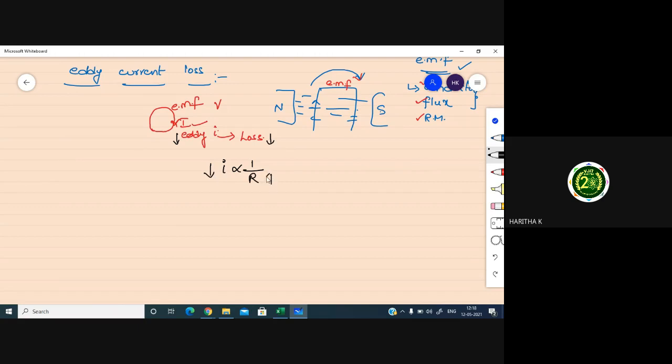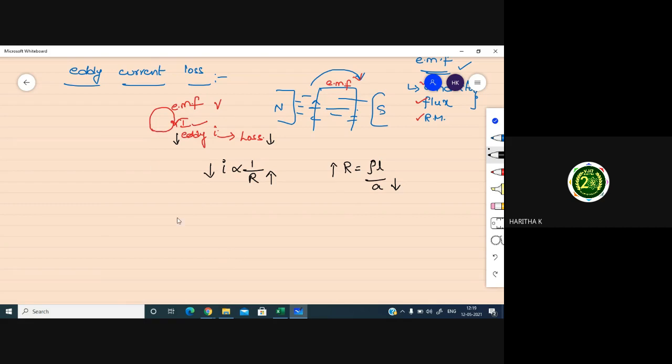By increasing the resistance. If you increase the resistance, the current will decrease. Then how can you increase the resistance? Again, the resistance formula, R is equal to rho L by A. The resistance will depend upon length and area of cross section. So to reduce the current, what we have to do? We have to reduce the area of cross section.